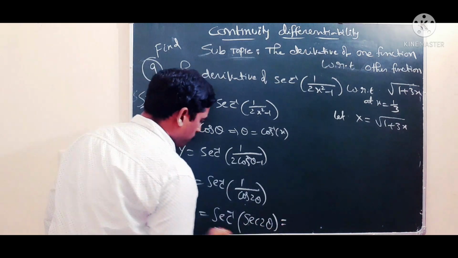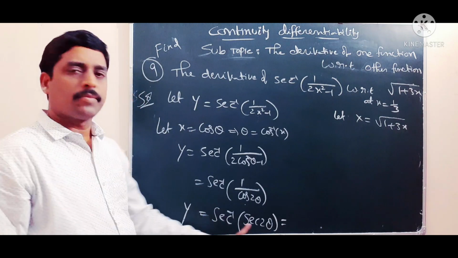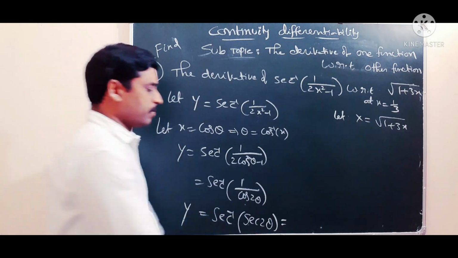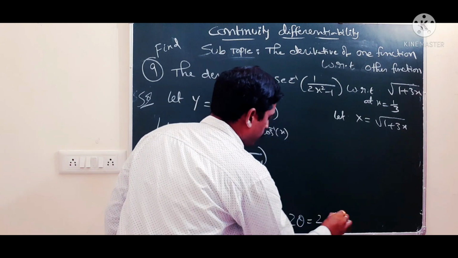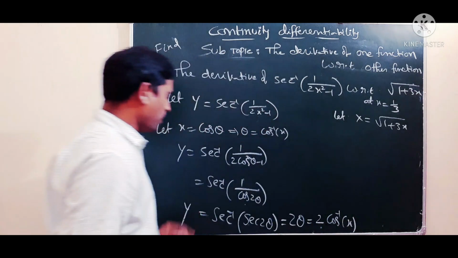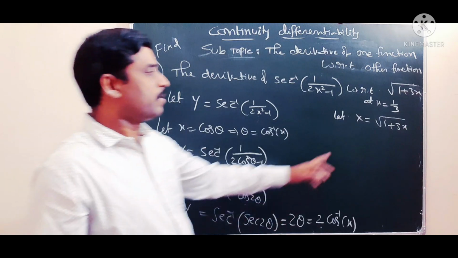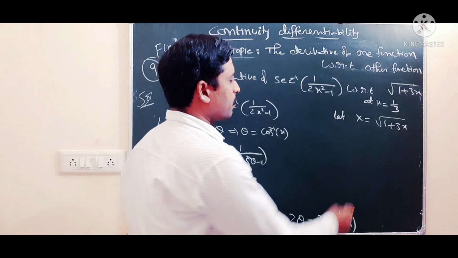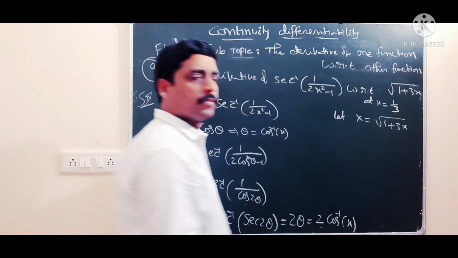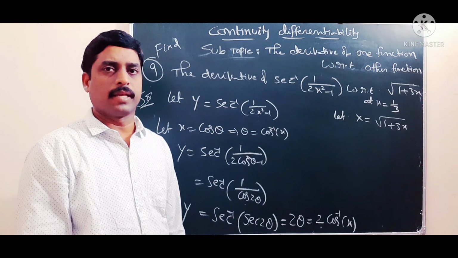Secant inverse of secant 2 theta will be 2 theta. 2 into what is theta? Theta is cos inverse x. So this is the y value. Okay, the x value from the statement is under root 1 plus 3x.